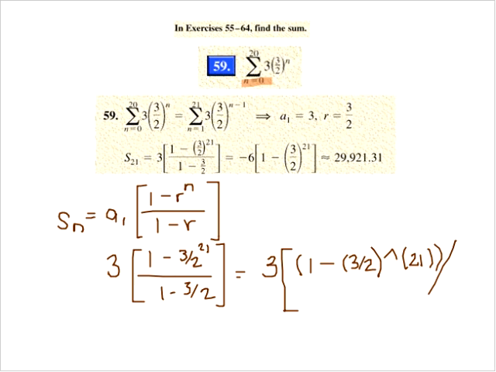So this is how we should type it into our calculator. I believe I have all the parentheses needed there. When we type that into our calculator, we should get an answer of 29,921.31.